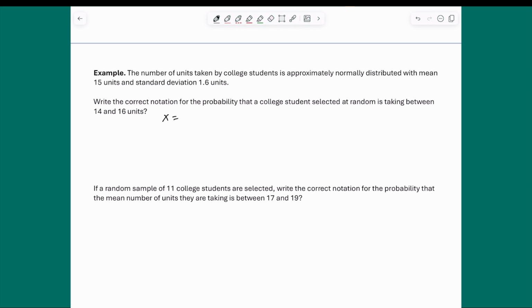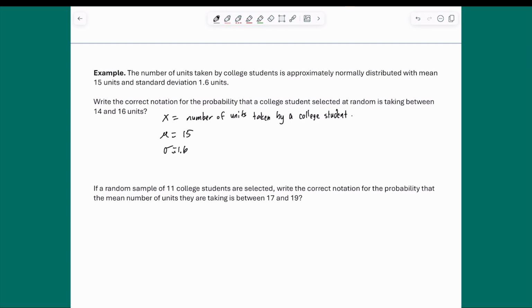X would be the random variable, and it's essentially the number of units taken by a college student. Based on this, we're told that it's approximately normally distributed with a mean of 15 units and a standard deviation of 1.6 units. So that's telling us that the mean of X is 15 and sigma is 1.6.